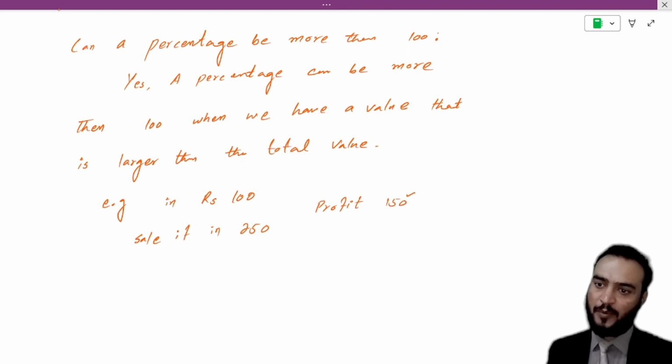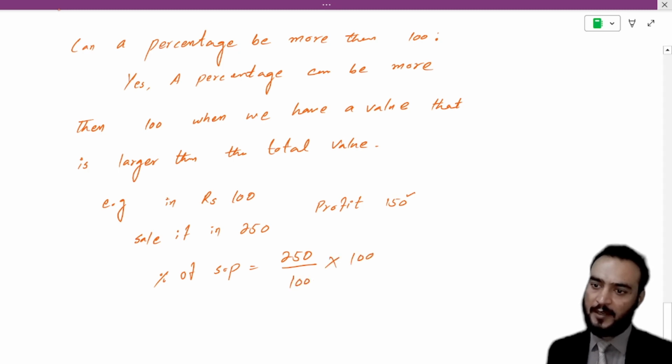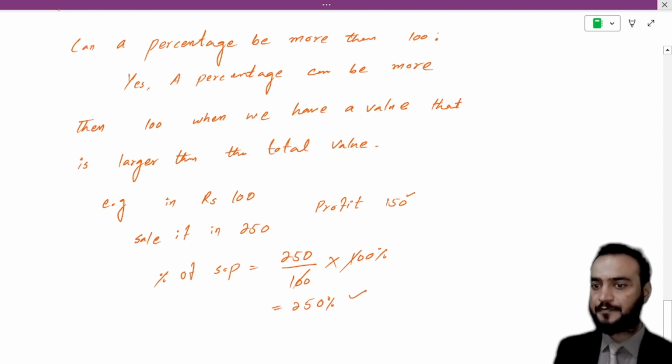So the percentage of selling price is 250, the original price was 100, multiplied by 100%. So the percentage you obtained is 250%. So hence you have a percentage which is more than 100%.